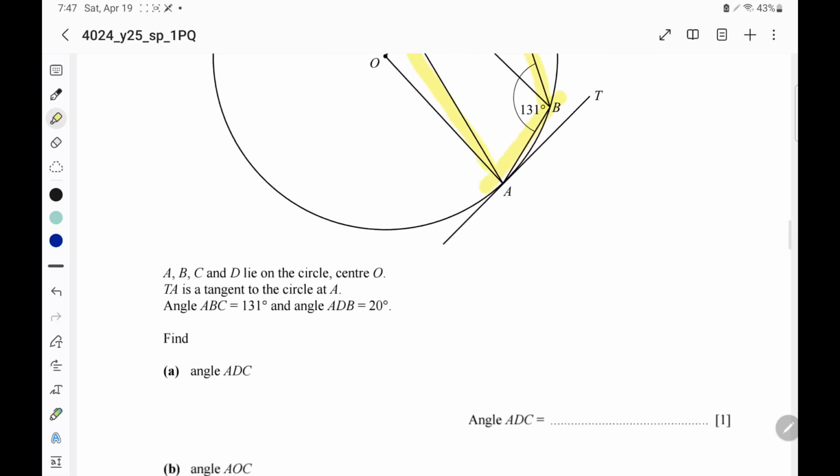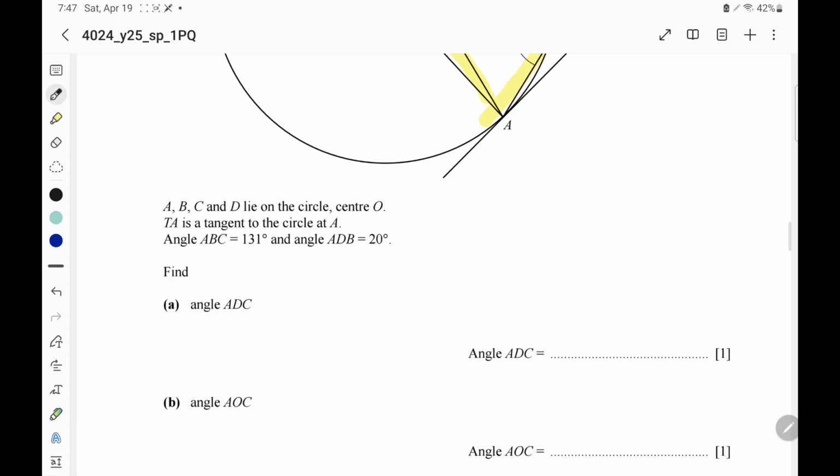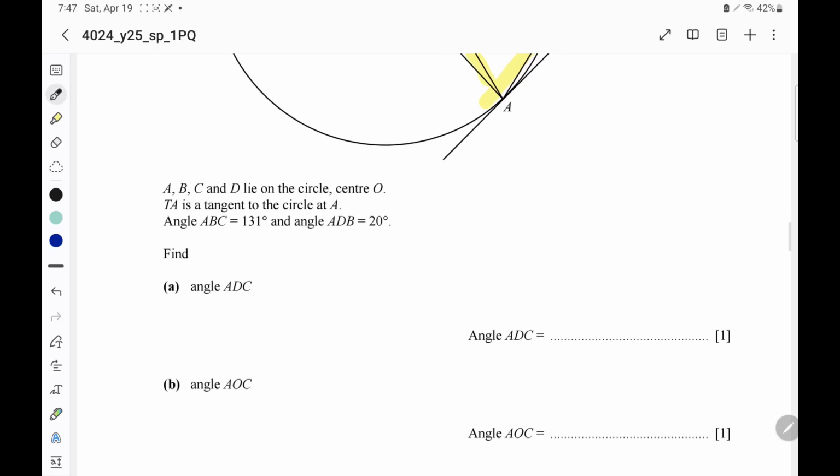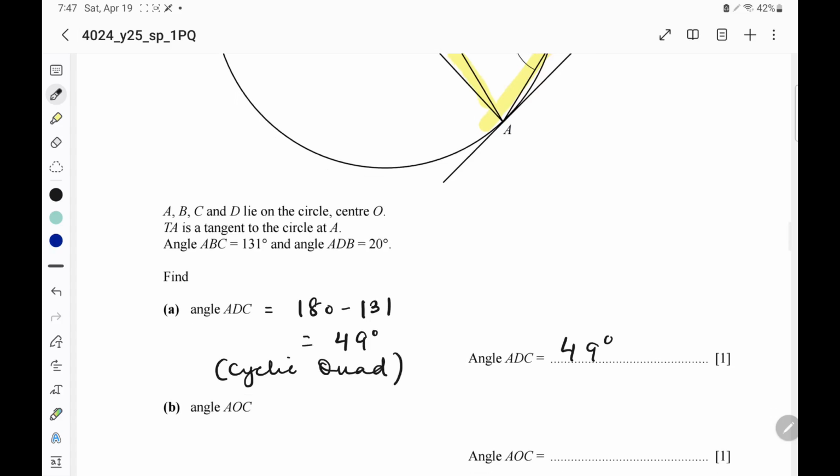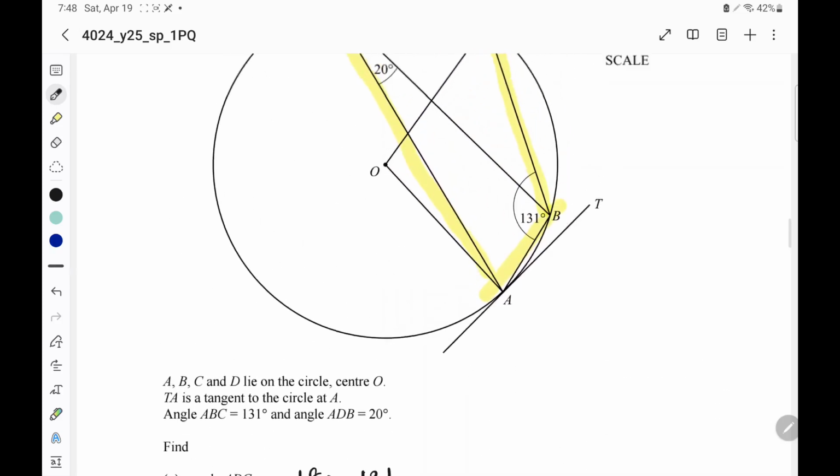It's a 1 mark question, so we write 180 minus 131. ADC is equal to 180 minus 131, which is 49. 49 is the answer. The reason is cyclic quadrilateral.